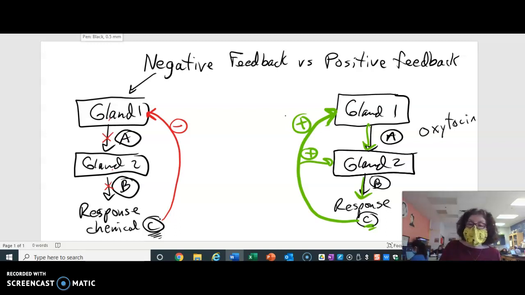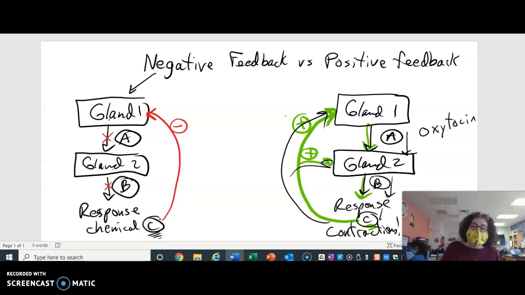So you have oxytocin, and I don't know what the in-between chemicals are, but the response is contractions, okay? Uterine contractions, because we're in childbirth, and the contractions stimulate more and more and more of it. And then since you don't have a chemical that's negatively feeding back, in this case, it's when the baby is out that shuts down the process, right? So it's just a little bit different.